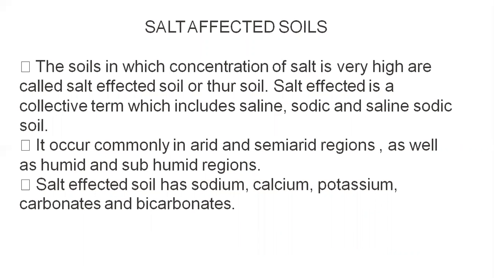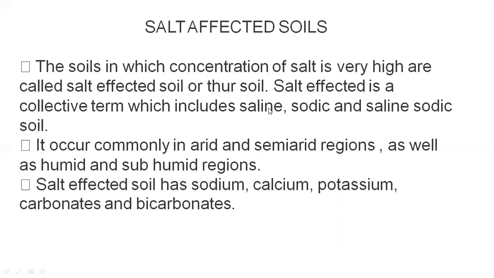Over here, what are the salt affected areas or salt affected soils? The soils in which the concentration of salt is very high are called salt affected soil. Salt affected is a collective term that includes saline, sodic, and saline-sodic soil.